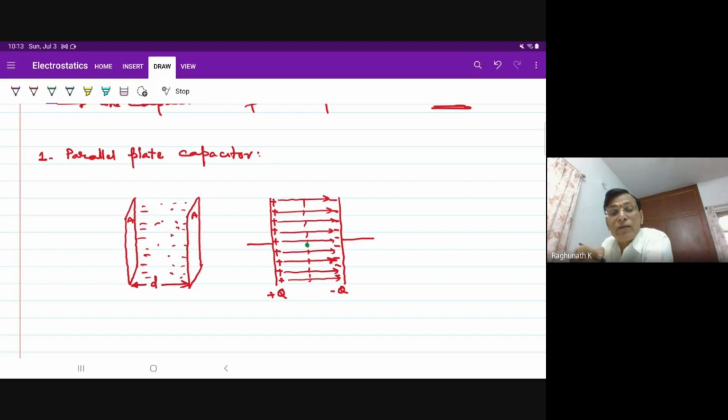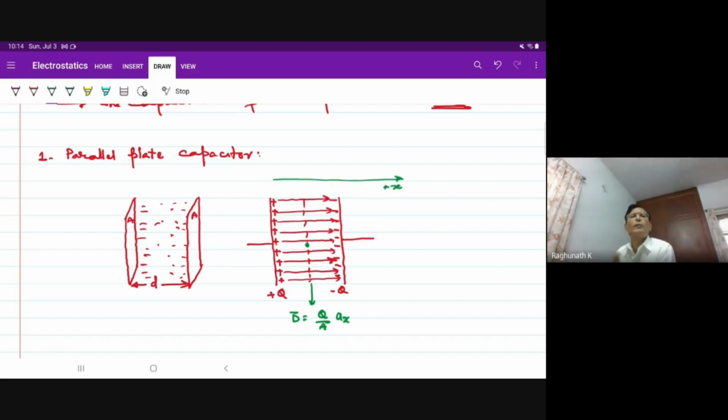And that surface, if it is of area A, cuts all the lines, because of which flux density D bar is equal to Q by A a_X, assuming that this is the positive X direction. If it is assumed to be the positive Y direction, it is plus a_Y. Q by A a_X.